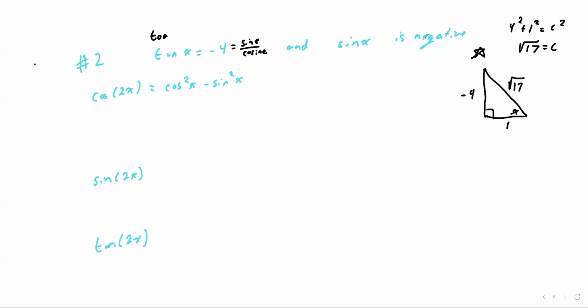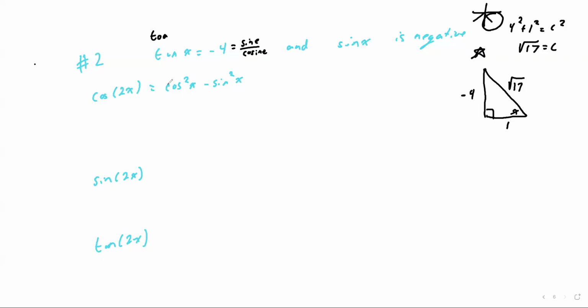Had cosine been negative, then it would be a -1 here. Note that when sine is negative, it is either located here or here. But since tangent is negative, we know we must be located in the 4th quadrant. That's going to help us get the right signs to the right numbers. The c is always positive.